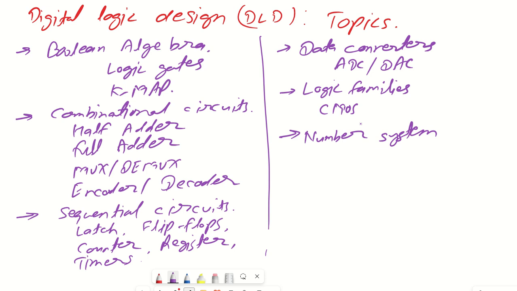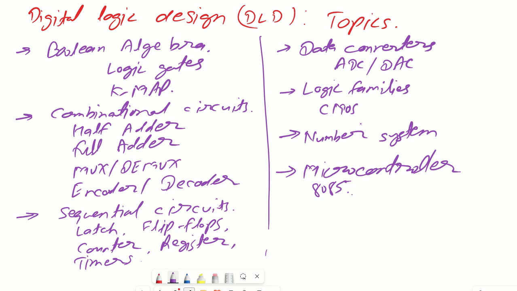And then at last we will try to see microprocessor or microcontroller. In microcontroller we will see 8085. Sometimes many questions are asked in this as well.